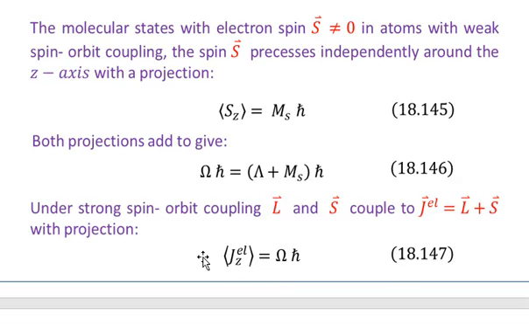So the average value of the Z component of the total angular momentum J is omega times h bar. And this capital omega is what I have defined in equation number 146.